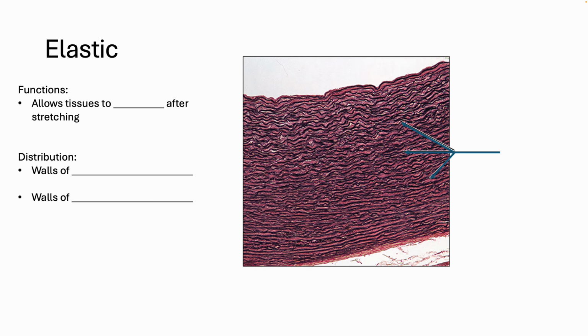All right, elastic fiber or elastic dense regular connective tissue is a type that has a lot of elastic fibers present. So we're still talking about dense connective tissue. It differs in that it has more elastic fibers present, which allows tissues to recoil after stretching.